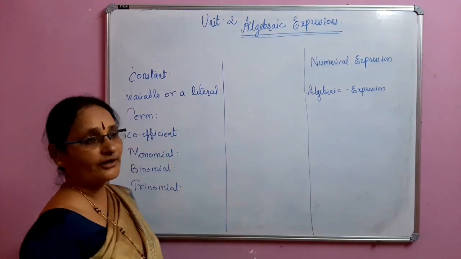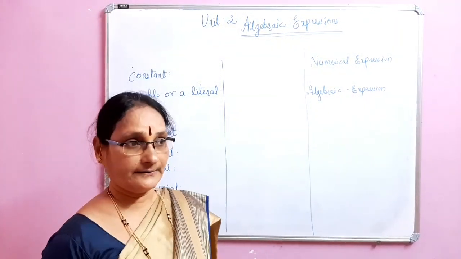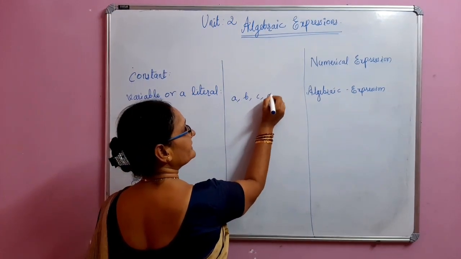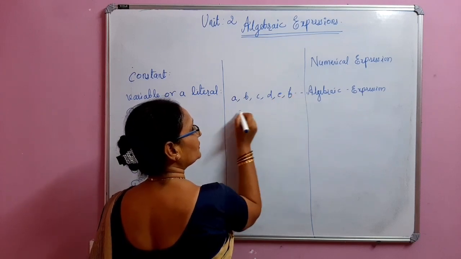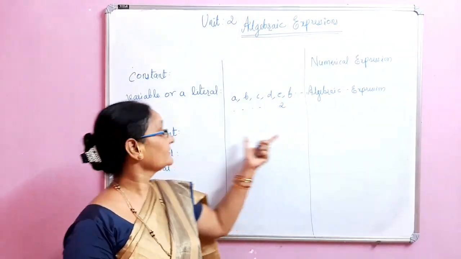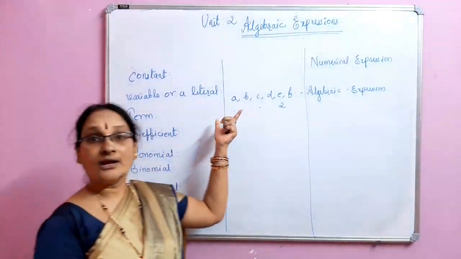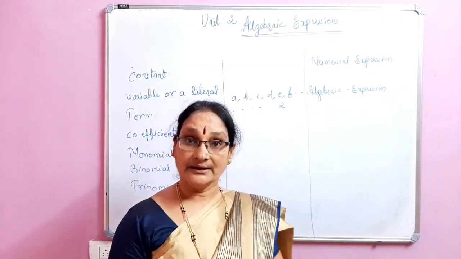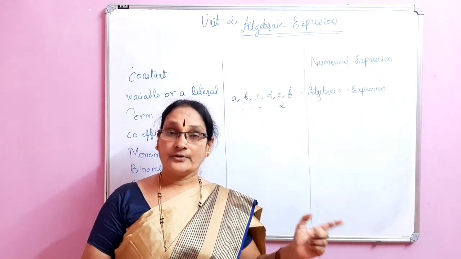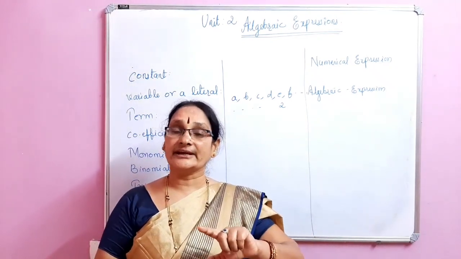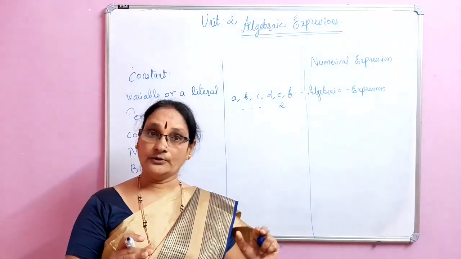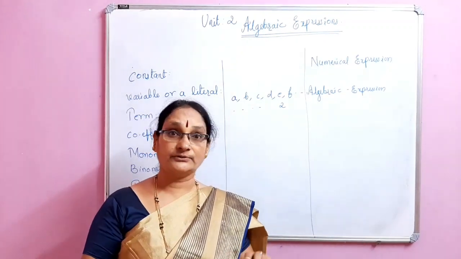Next comes variable, or a literal. You know that in algebra we use small a, b, c, d, e, f up to z as variables, or literals. Why are we calling these variables? The meaning of vary is change. Variables will change their values. Just as constants have a fixed value, variables do not have a fixed value.